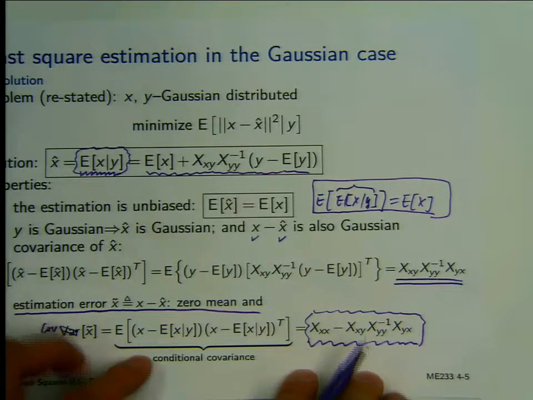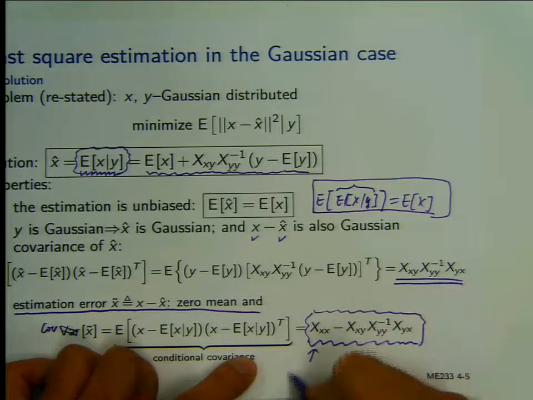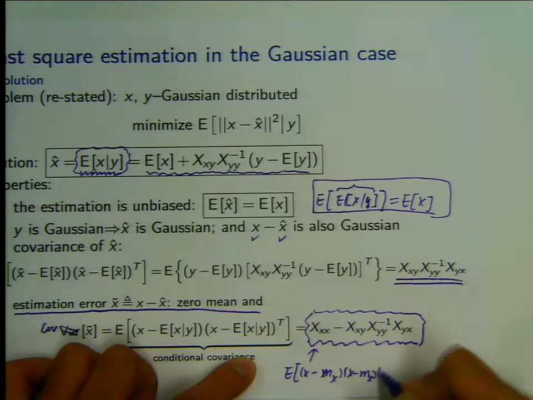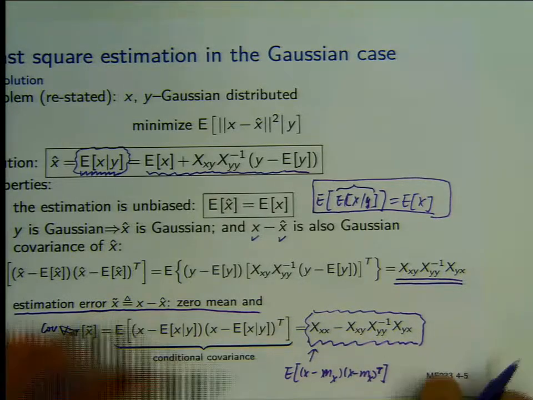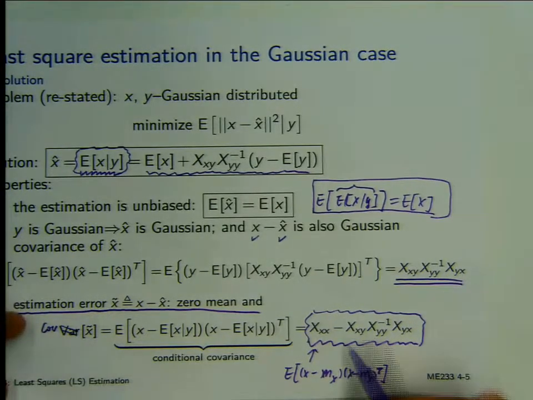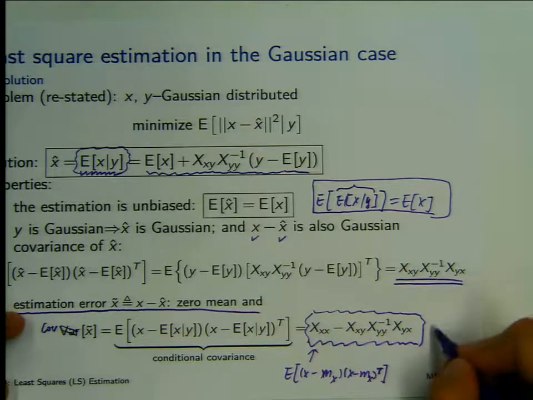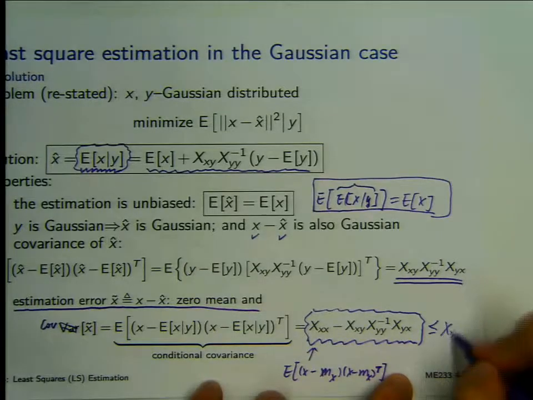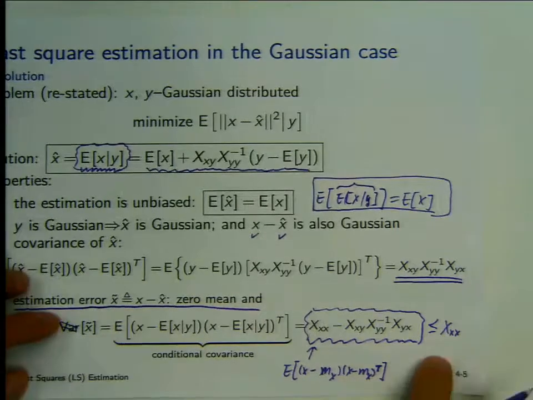This guy, if you think about it, equals the covariance of x. This result, because of the minus sign here, is always less than or equal to.